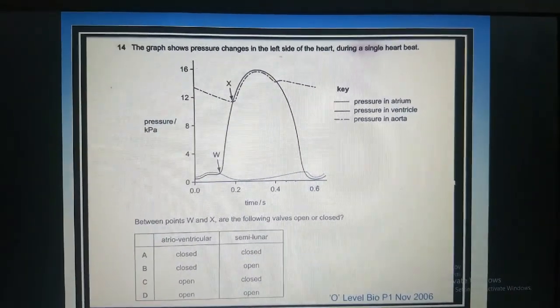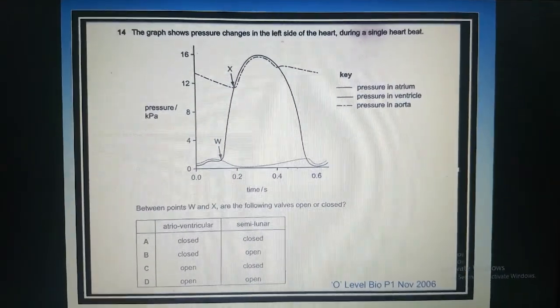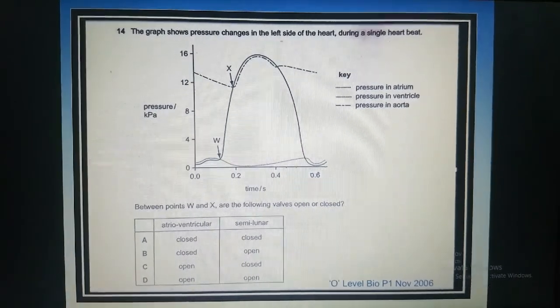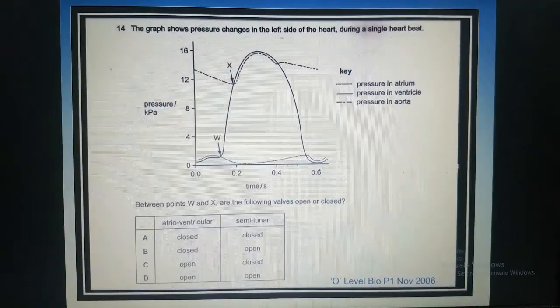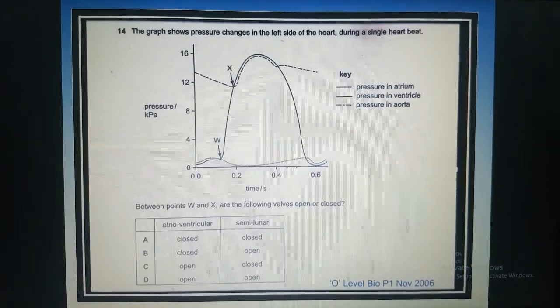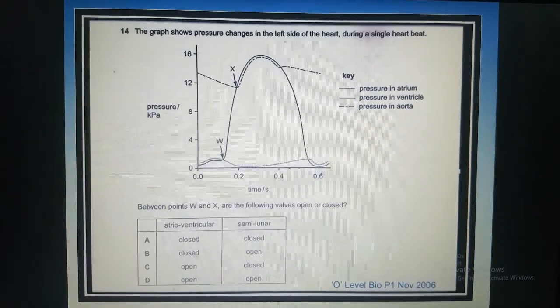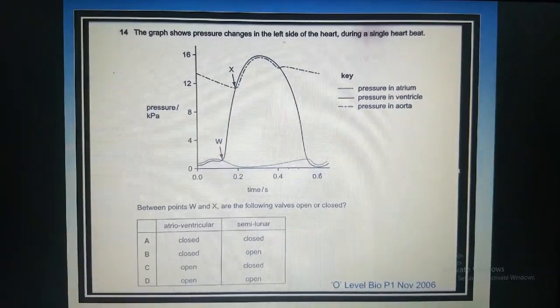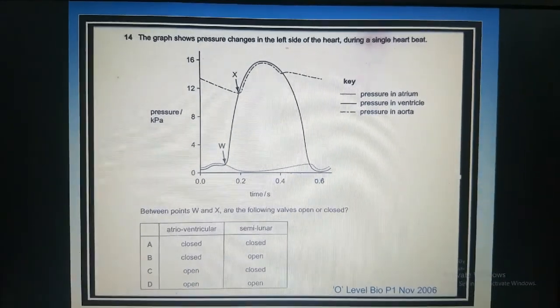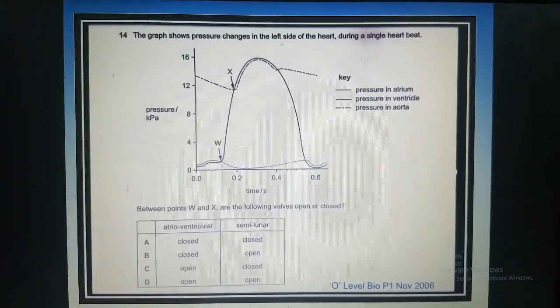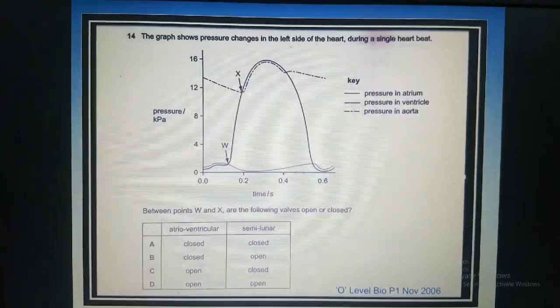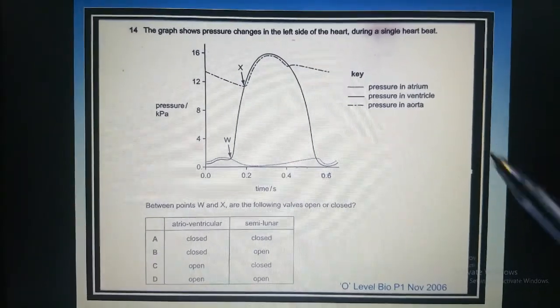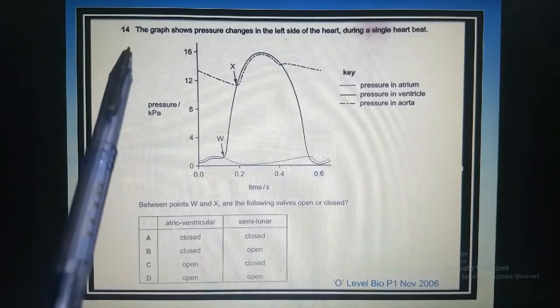Another question of the same type. Students, you may find so many questions related to blood pressure, the cardiac cycle, or these graphs. So what you have to do is have a look at it carefully, watch this whole link. Again, if you have any query, you may ask about it.